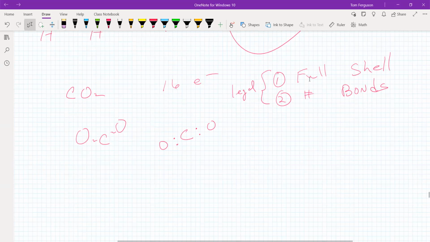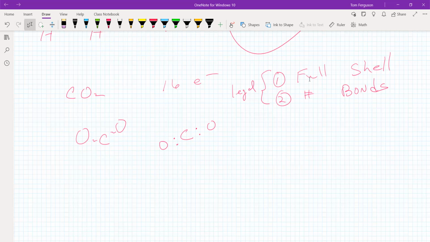So let's start putting some electrons in. Now, oxygen only has 2 shared electrons. How many electrons does oxygen need to fulfill its full shell? It's got 2 now. How many more does it need? This is advanced math. 8 minus 2 is 6, because 6 and 2 is 8. So each oxygen needs 6 additional electrons, right?